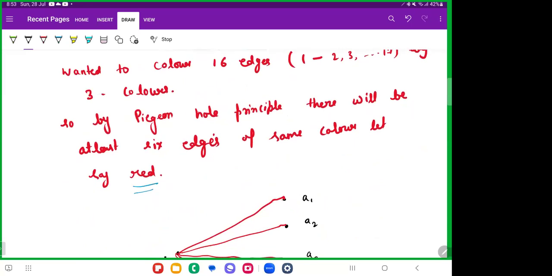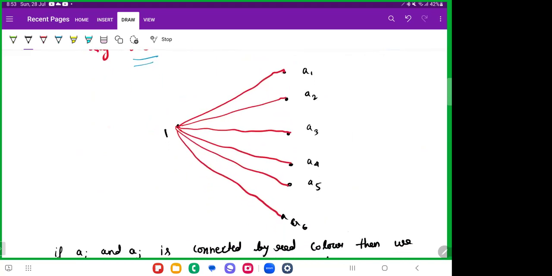By pigeonhole, at least six edges will be of the same color. Let's suppose these are of red color. Then each Ai and Aj cannot be connected by red color. If they are connected by red color, we are already done. We get a monochromatic triangle, right?